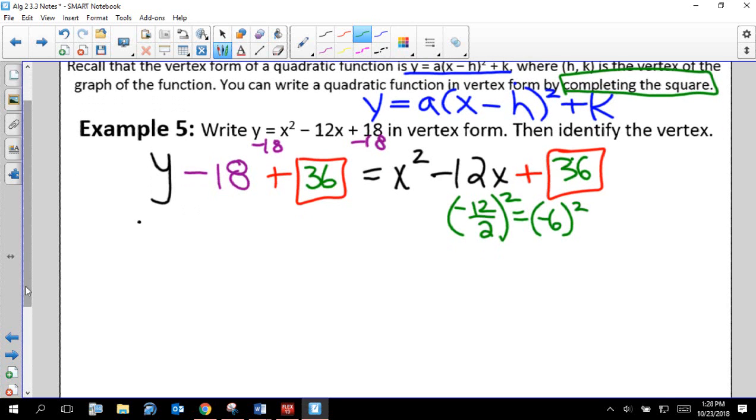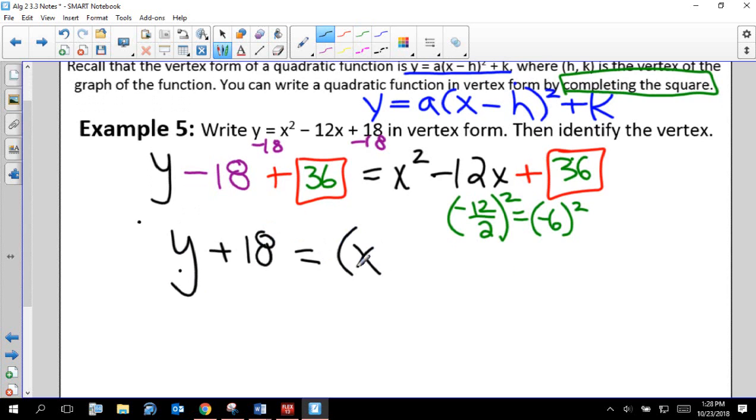I'm going to simplify the left side. I'm going to get y plus 18 equals, on the right side, I'm going to factor it: x, and if you're not sure what goes after the x, whatever you just squared goes after x. So what is it? Minus 6. Yeah, (x minus 6) squared.